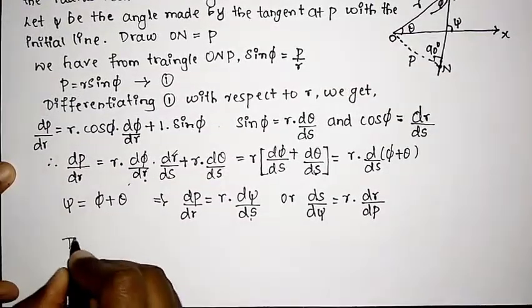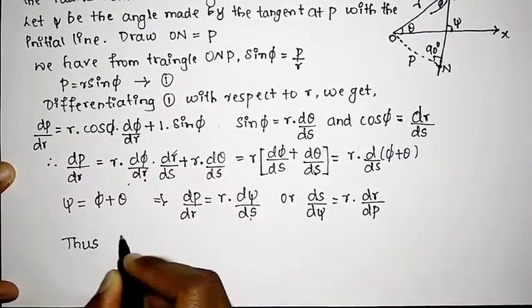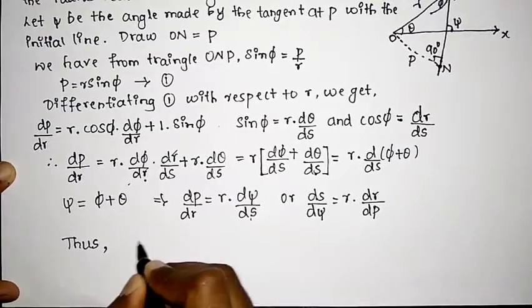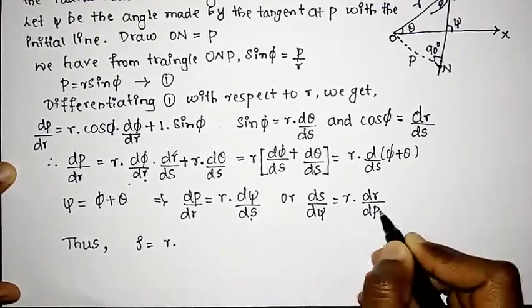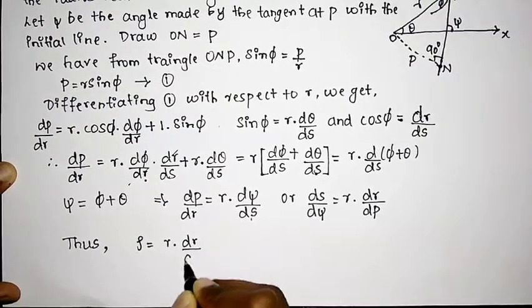Thus the radius of curvature in case of pedal curve can be written as rho is equal to r into dr upon dp.